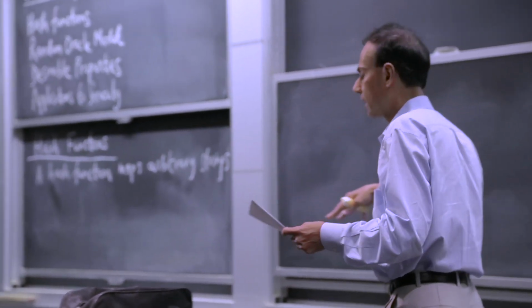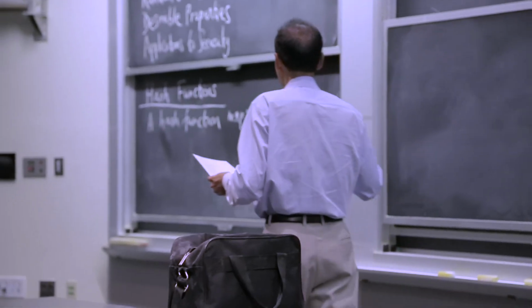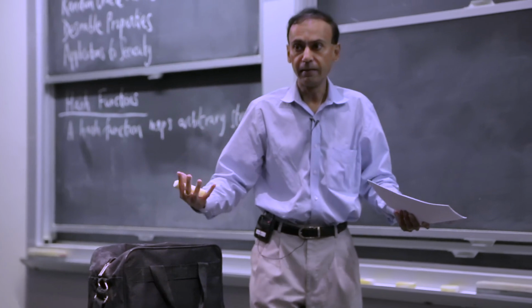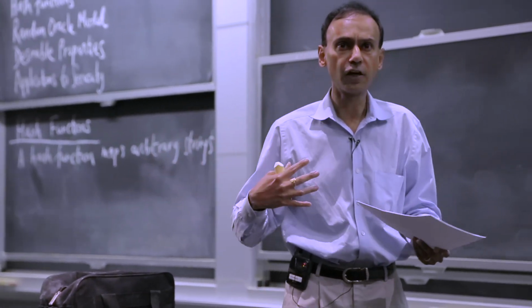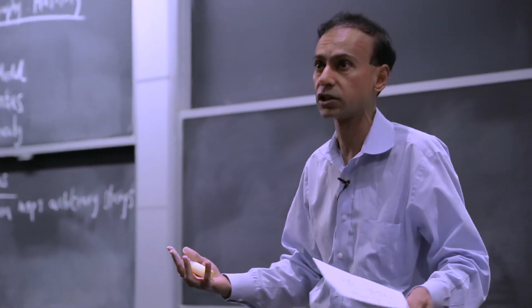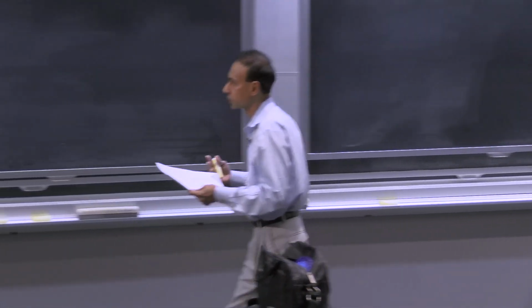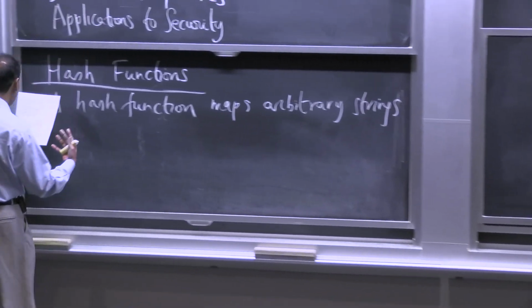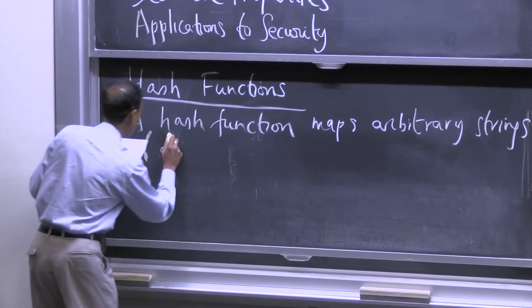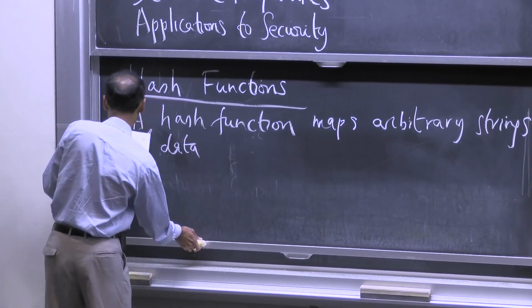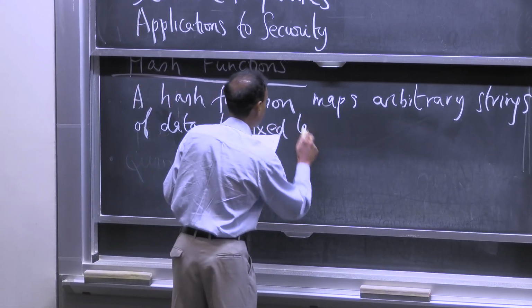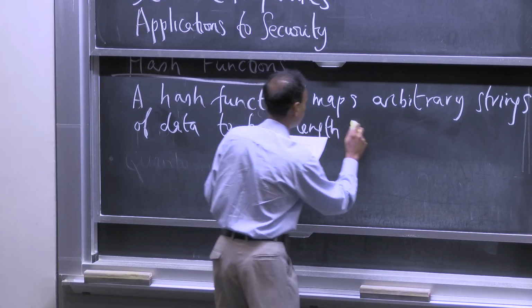You do want to get a number out of it in a specific range. There's going to be a number of bits associated with our hash functions, and previously we had a number of slots associated with the output of the hash function, but the input could be arbitrary, and these arbitrary strings of data are going to get mapped, as I just said, to a fixed length output.